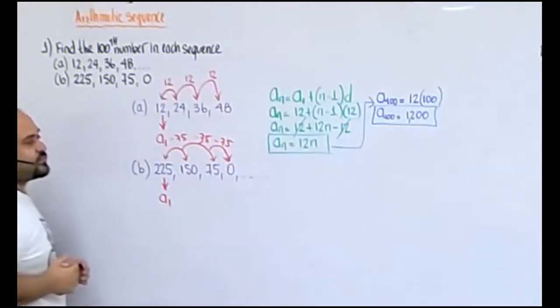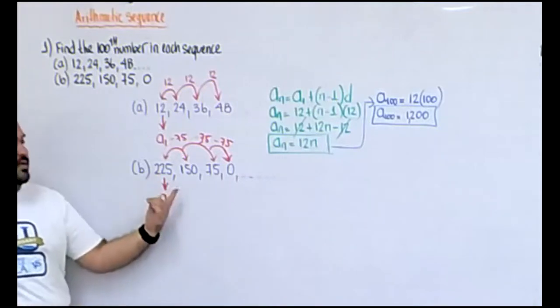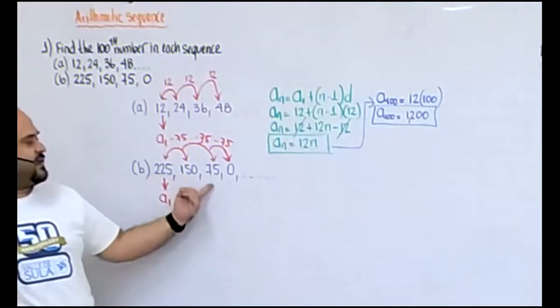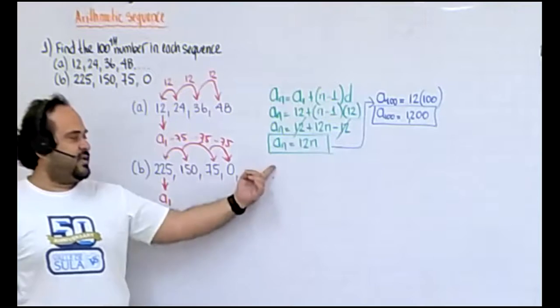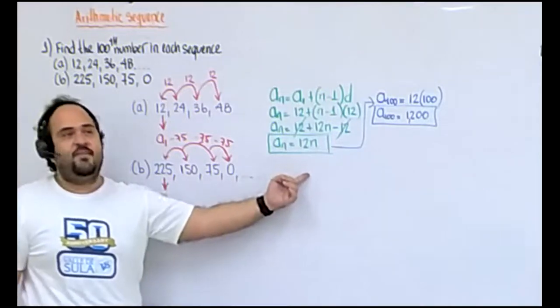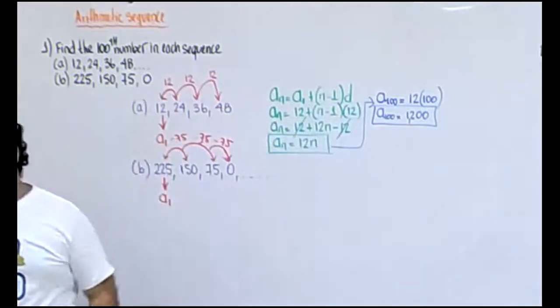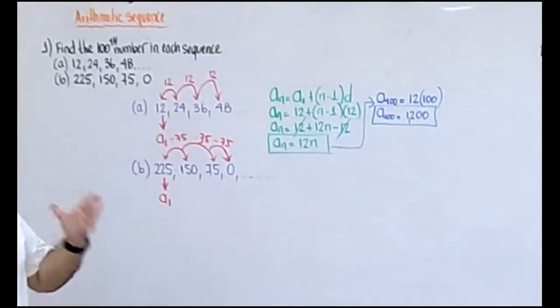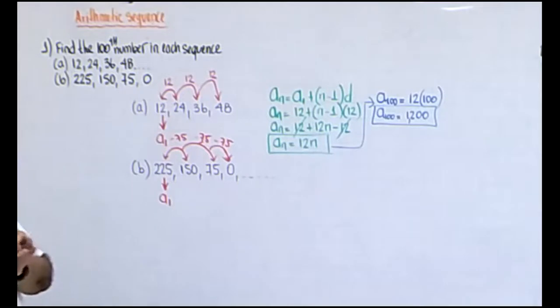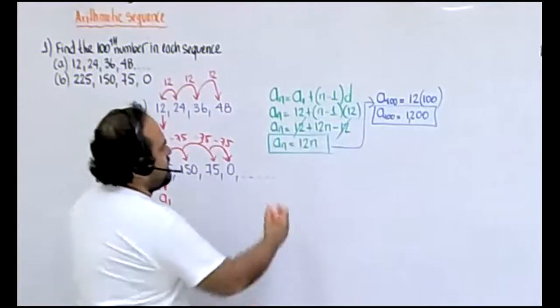If we continue, 150, 75, 0, negative 75, negative 150, negative 225, and so on. Understood why negative 75 is the common difference? Yes. All right, excellent.